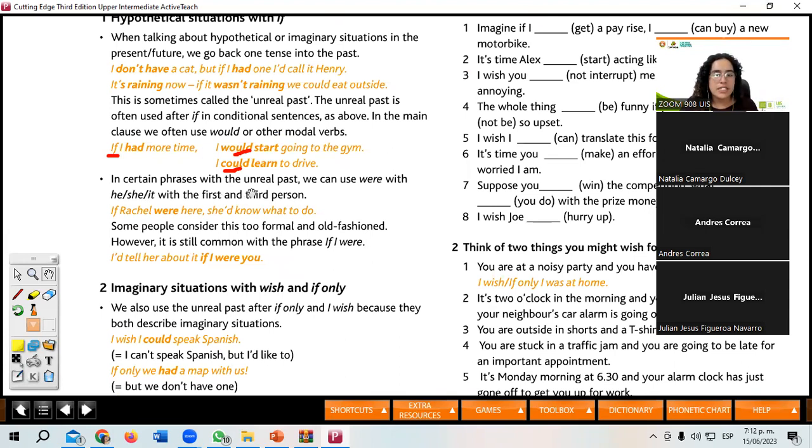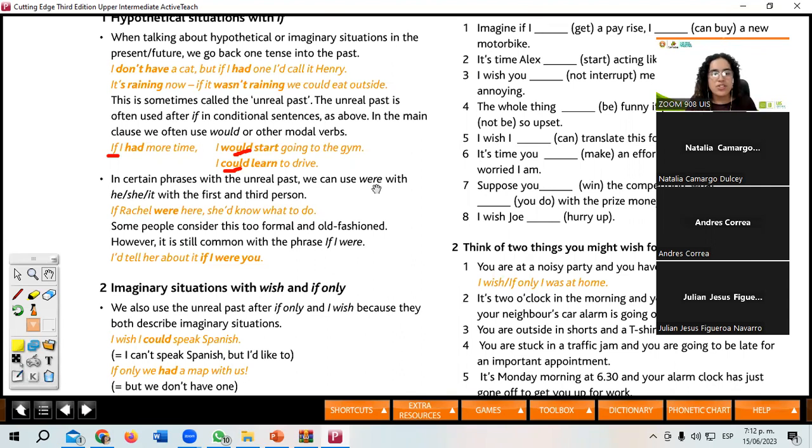So in certain phrases, when we are talking about the unreal past, we use were with he, she, or it, okay? Remember we talked about this before in previous levels. If I were you, or if Rachel were here, she would know what to do, okay?